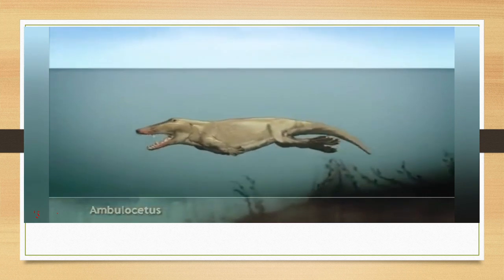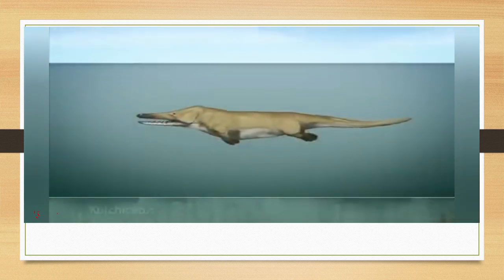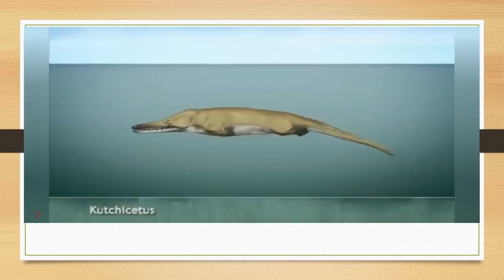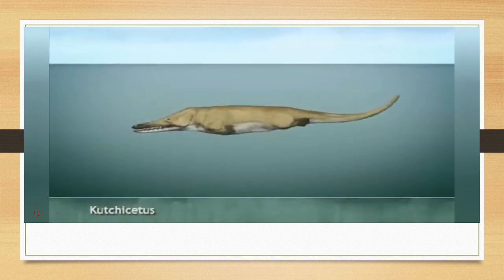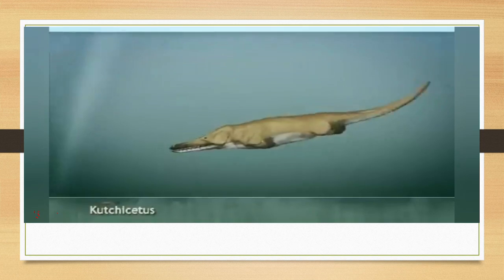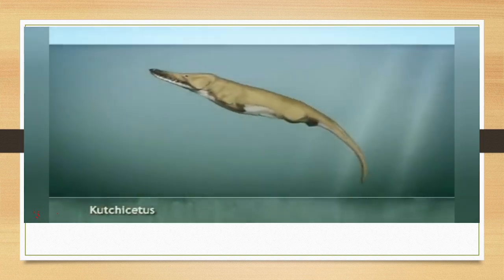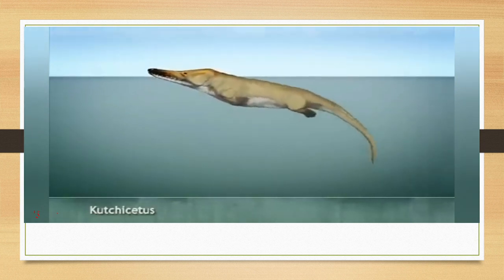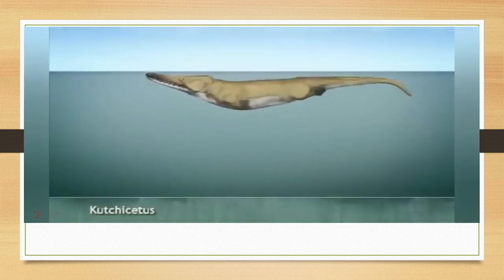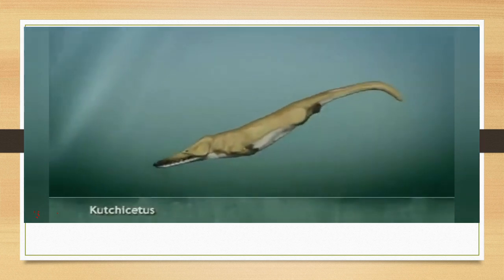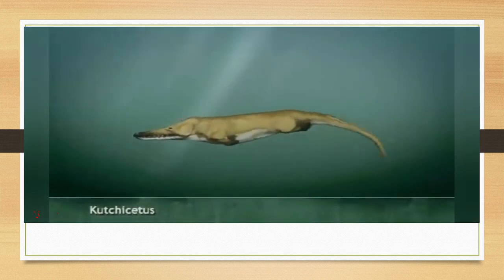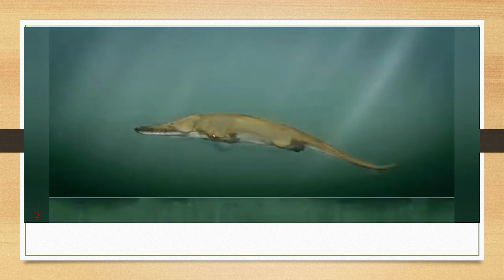Over millions of years, adaptations to this aquatic life led to the evolution of whales with flippers. Now we can see that gradually the evolution occurs, and these swimming adaptations, what will be the result? The result is the evolution of whales with flippers. Now you can see the flippers emerging.